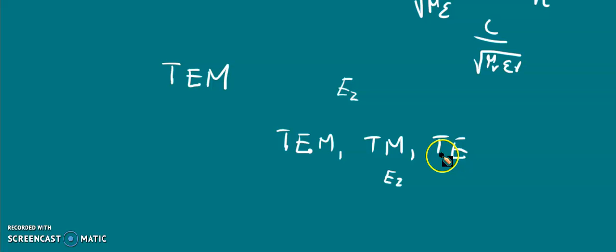That means the electric field is perpendicular to the direction of propagation. But magnetic field is not perpendicular, and therefore it has got a longitudinal magnetic field component. So, these are the other two modes. So, all these three modes can pass through a transmission line.